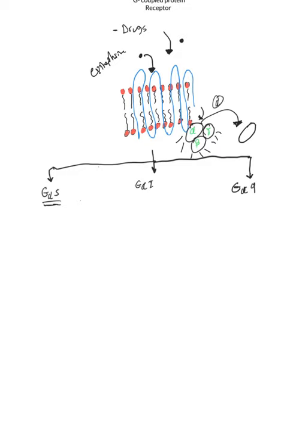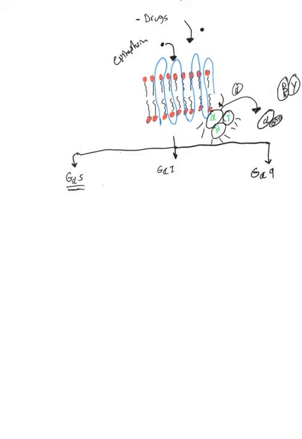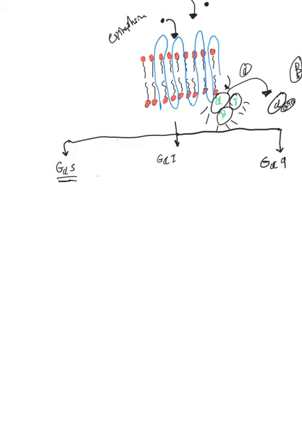This is our product here: the alpha attached to a GTP. This is the active form of it. Beta and gamma will just bind together away from the alpha subunit. And after the dissociation, it could follow one of these pathways.